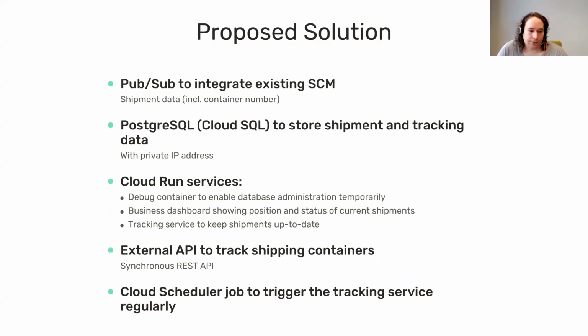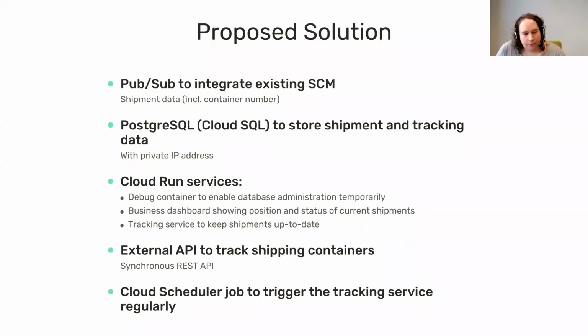It is an extension for PostgreSQL to handle geo data. And I don't want this database to be public. I want it only to be accessible within the cloud and keep it private. This is something that might become interesting later. We'll come back to this.